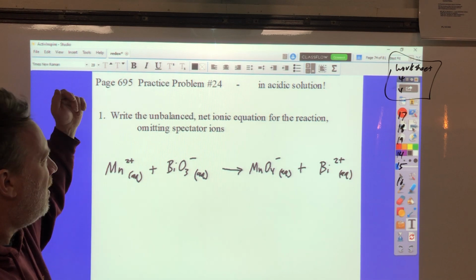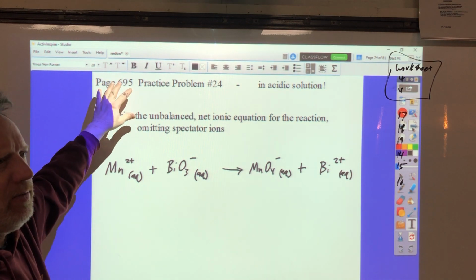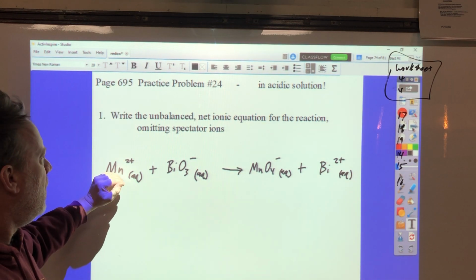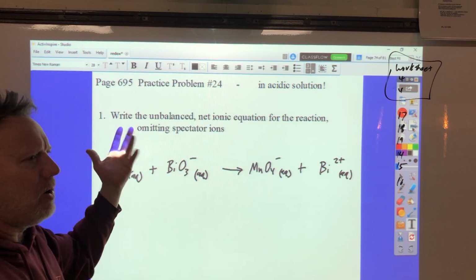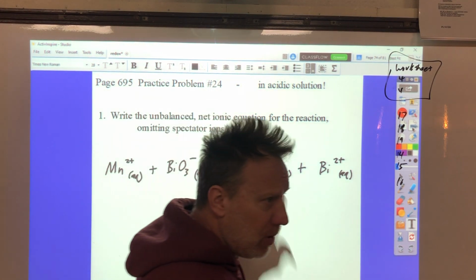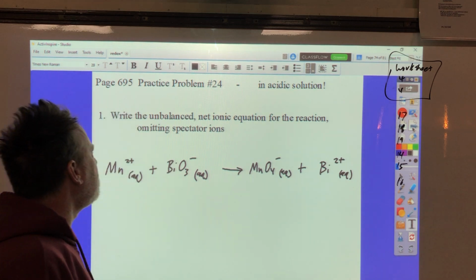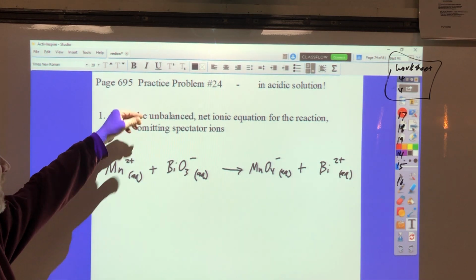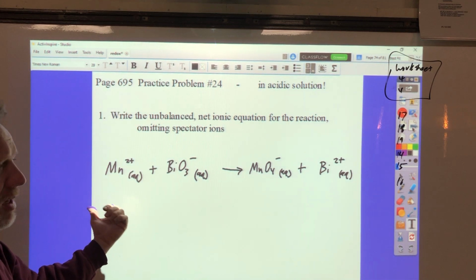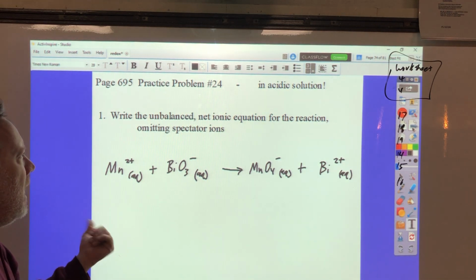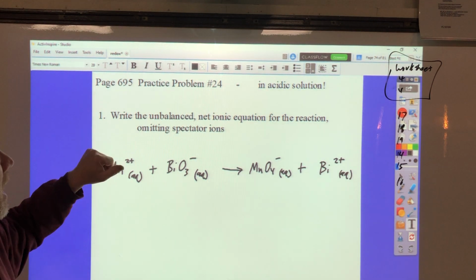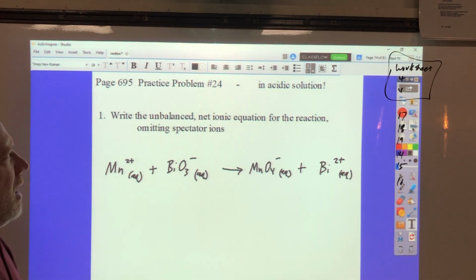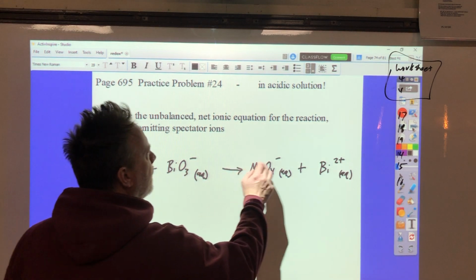So we have another reaction they've given us in that problem where they have taken the spectator ions out already. They're not there, you don't have to do it. So the first step of that table that I told you to take a look at is to write the unbalanced reaction, so there's no coefficients.